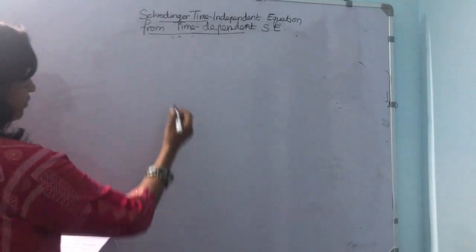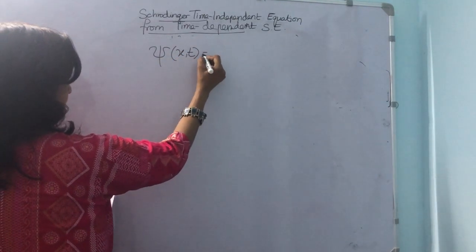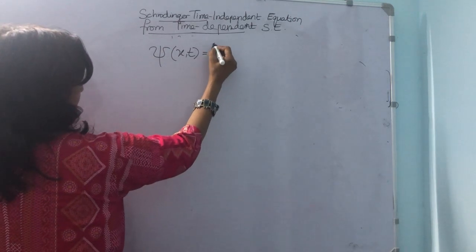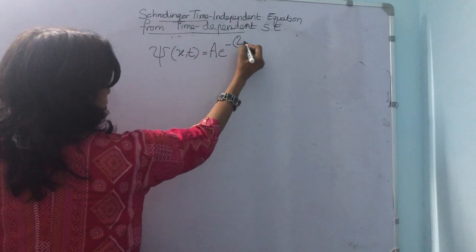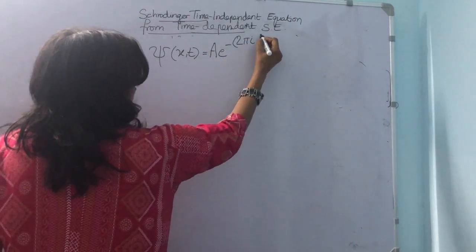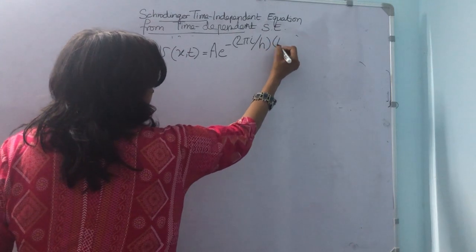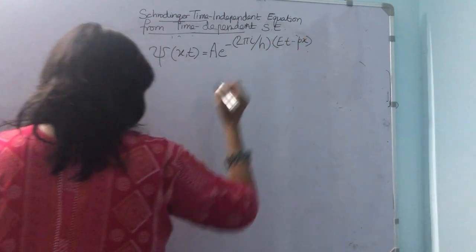Its equation will be phi(x,t) = A e^(−2πi/h (Et − px)).